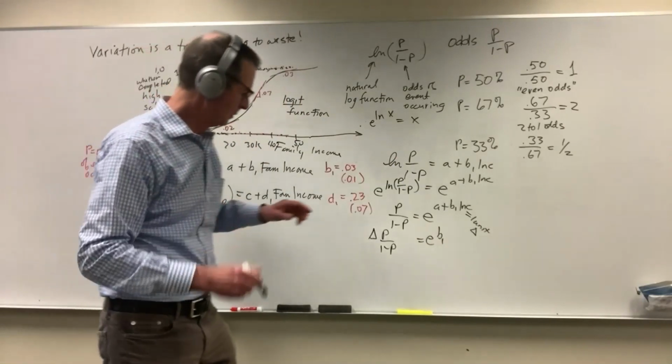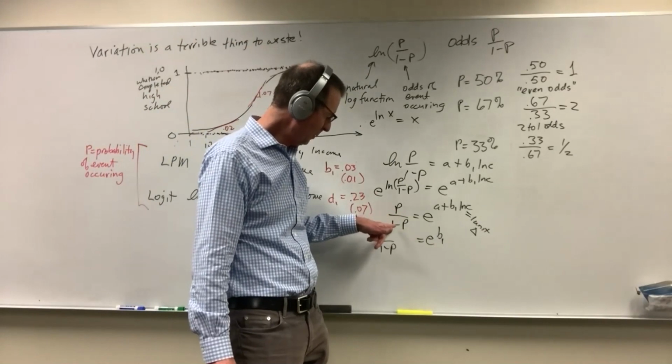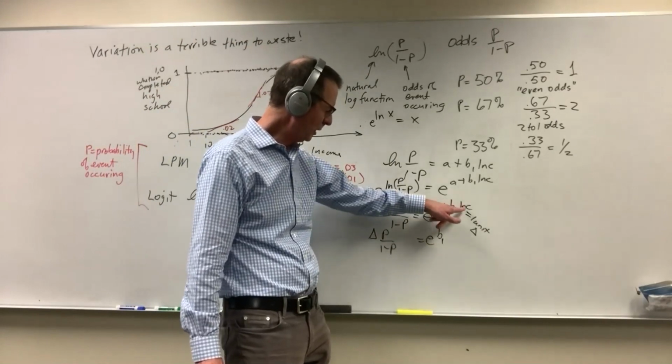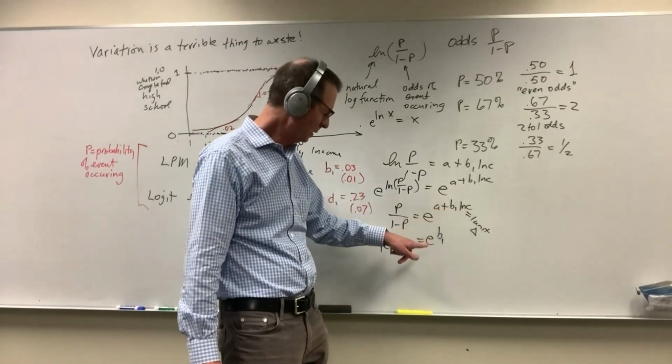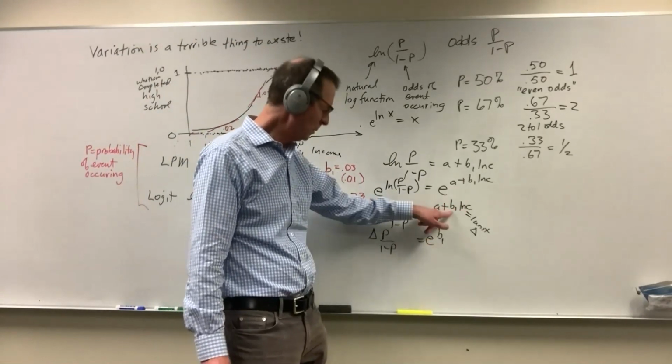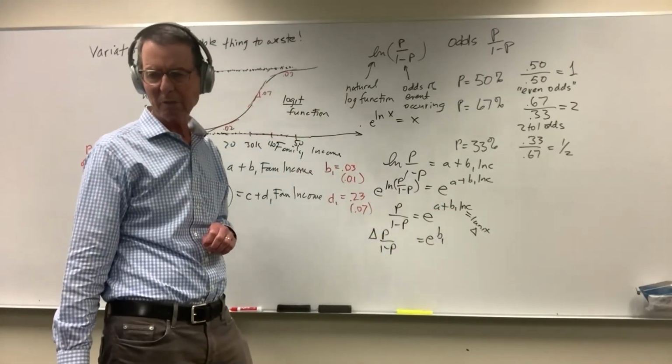We're saying a change in p over 1 minus p as a result of changing income by 1 unit is just going to be b1. So we're left with e to the b1.